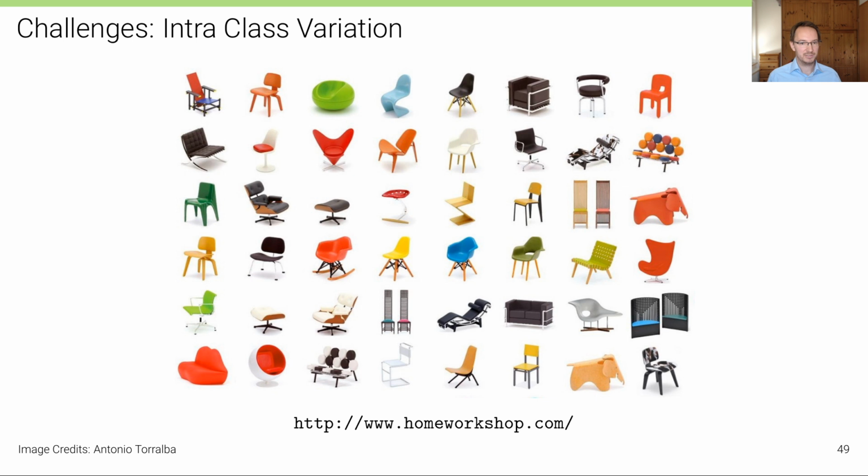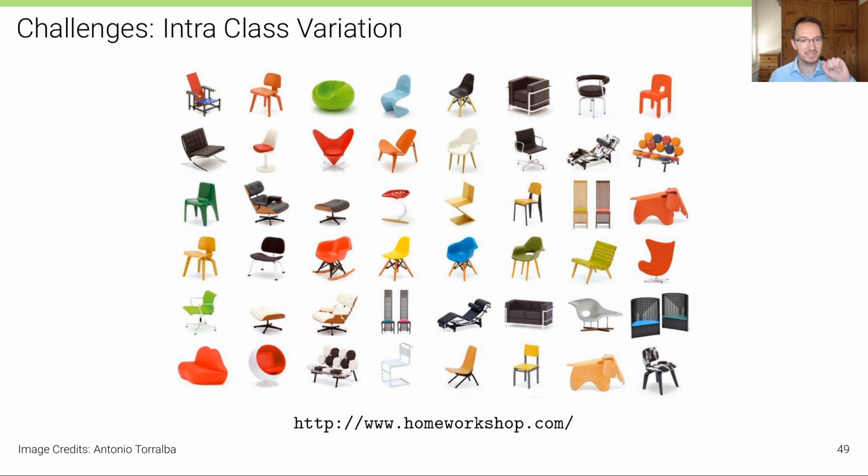Another challenge is the variation in the object itself. One example that's often given is chairs, because chairs, despite having all the same functionality as an object that you can sit on, look very different. So if you want to distinguish chairs from some other object category, you need to solve the problem that, despite all the chairs looking different, they are part of the same category.